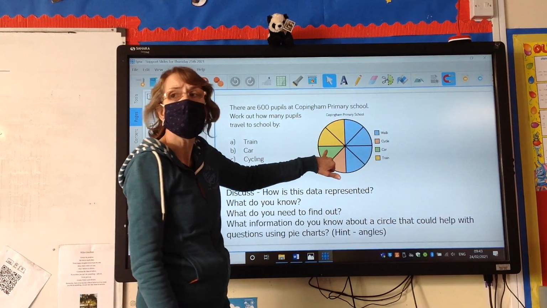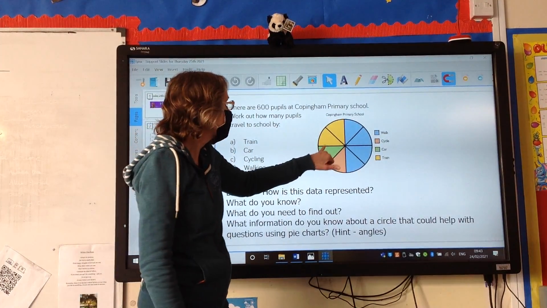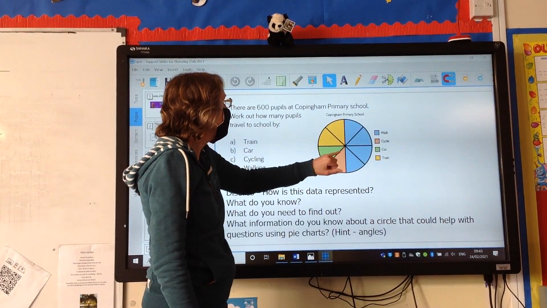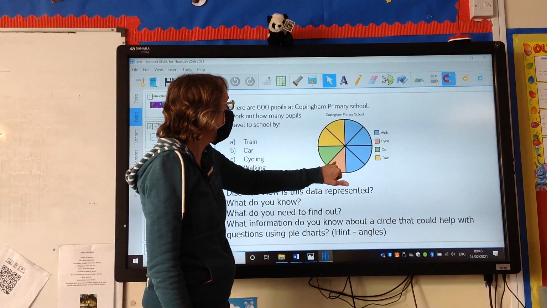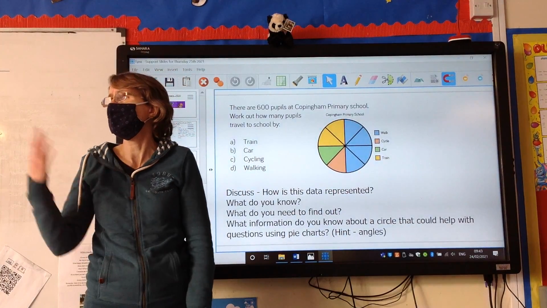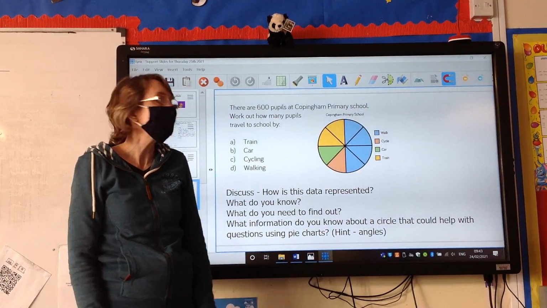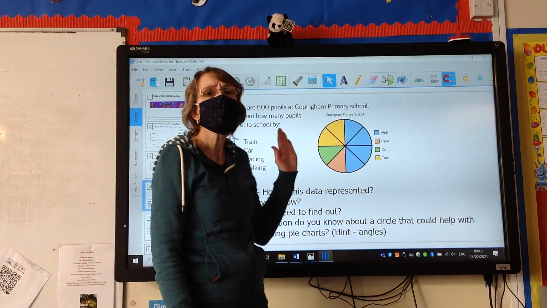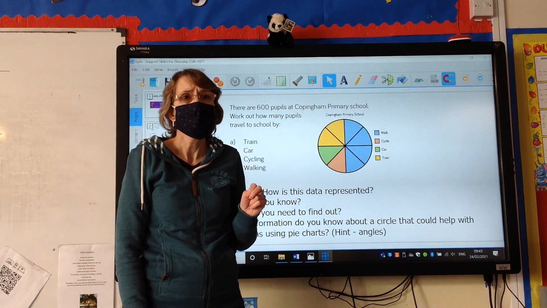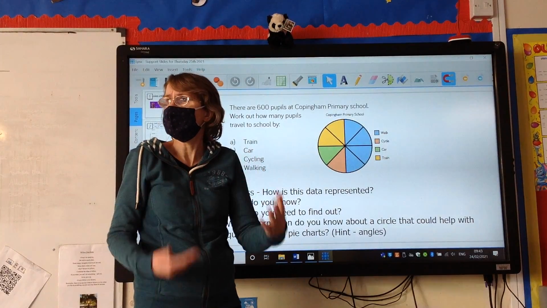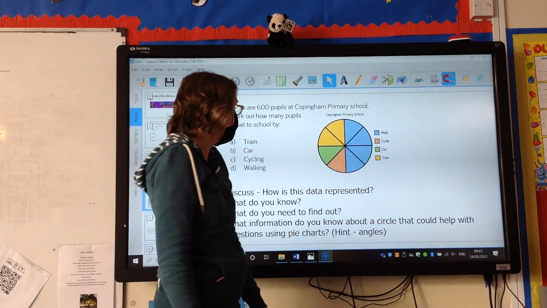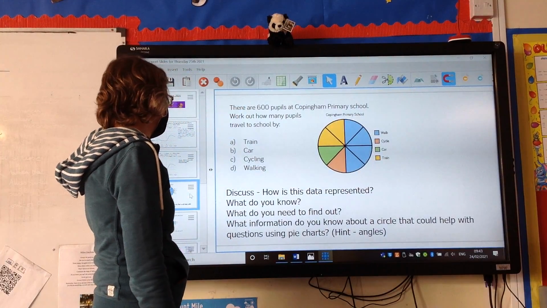We know that that is half of it. Well done. So that's 75. And if the car travellers are 75, what do we know about the cyclists? It's the same, 75. So just by using our fractions, we can work out how many pupils did which activity or which mode of transport.